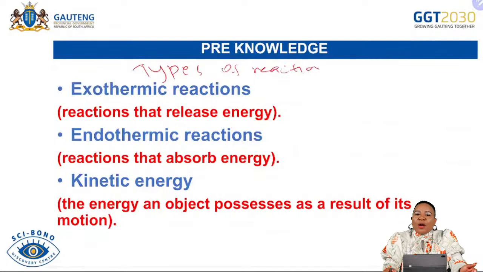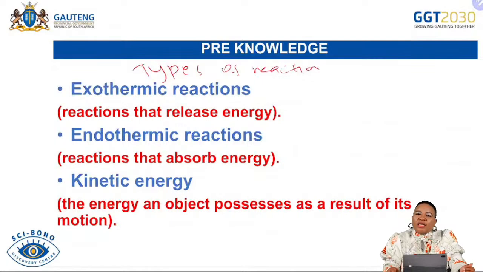In a reaction where you have a thermometer measuring the heat of the reaction, if the thermometer rises, it is an indication that energy is being released. However, if the thermometer drops, it's an indication that energy is being absorbed. So when we talk about an exothermic reaction, we talk about the release of energy. It means you can find some heat being liberated during that reaction.